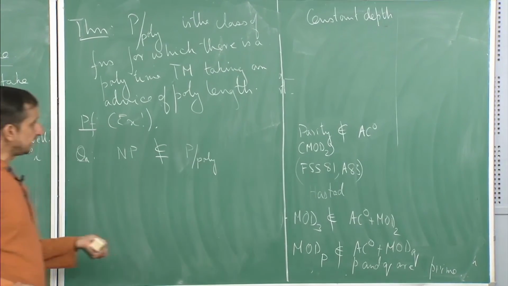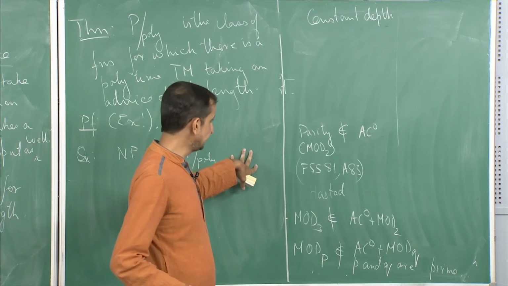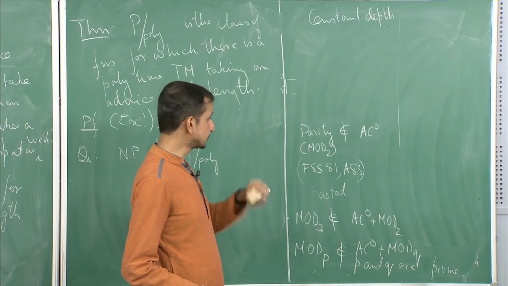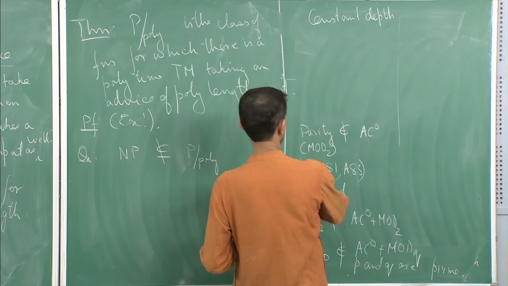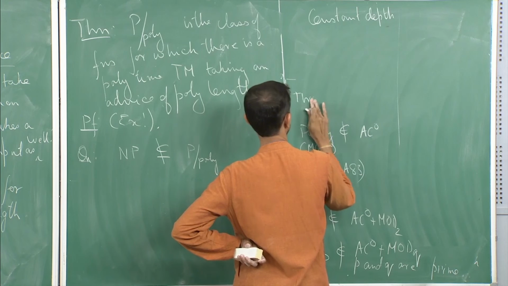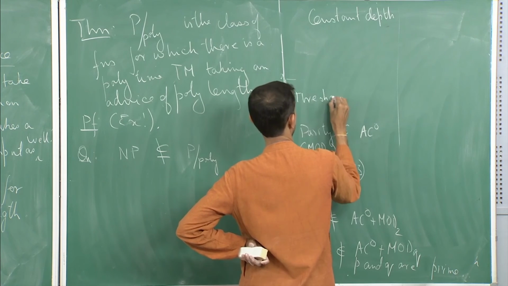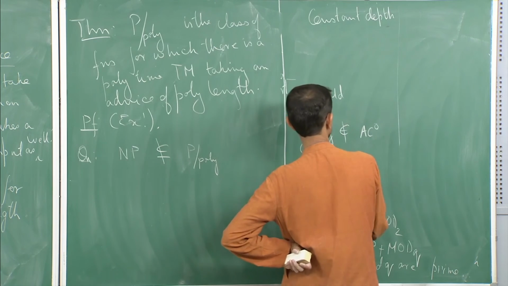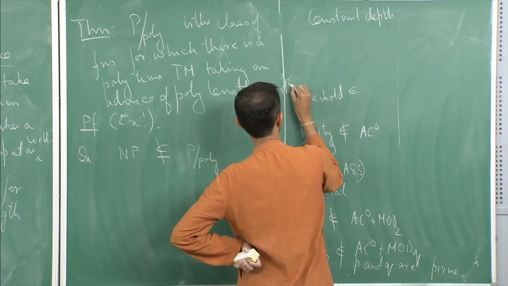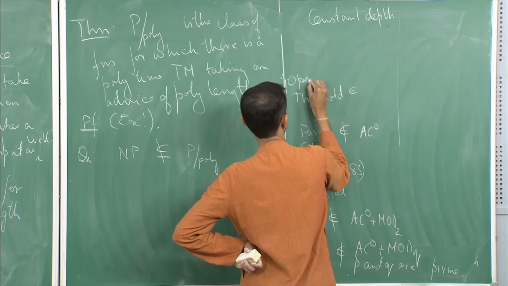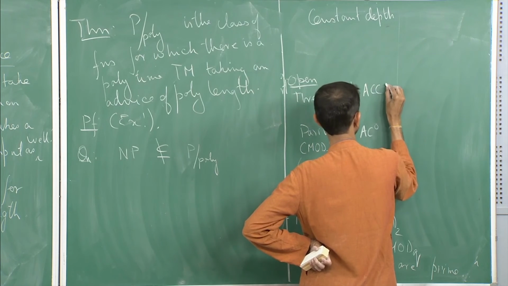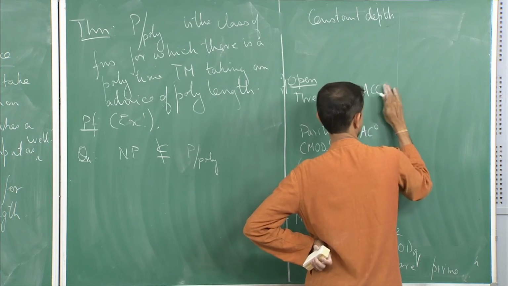So, Barrington posed this open question that if you look at the threshold function, it is not in this class ACC.